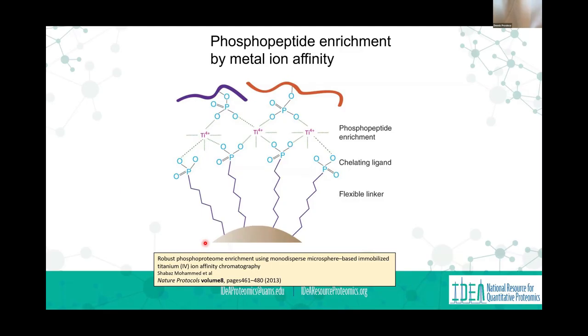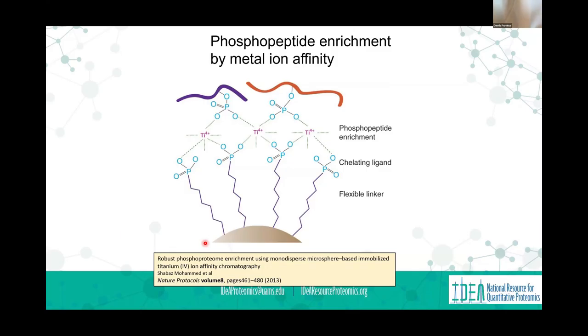But there have been advances in the enrichment of phosphopeptides. There was an observation early on that you could use some coordination chemistry and kind of hijack some of these interactions for phospho enrichment. Iron chelating was the first of these, and then came titanium, which is what's shown here, titanium enrichment.